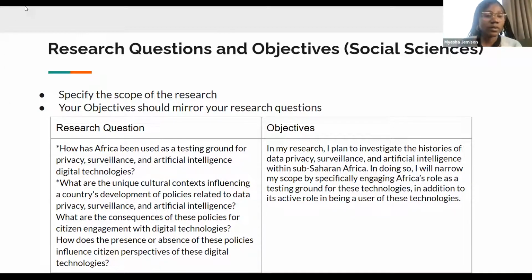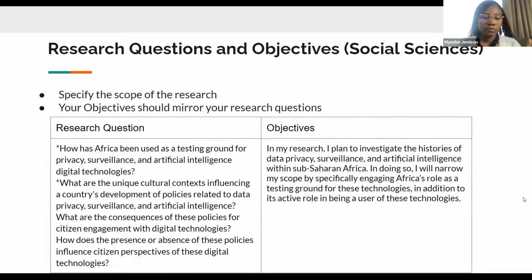And so in this example, there's a list of research questions, which typically in the social sciences, it's okay to have a number of. They should be interrelated, but they should also build on each other. And so it should tell a full story of the types of problems or the tensions that you're going to be looking at in your work.